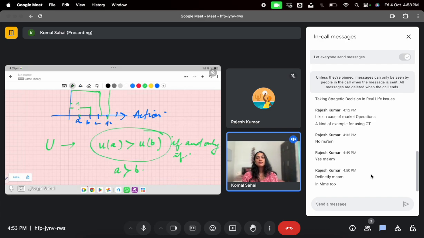Alright, if and only if means that the direction is both ways. If this is true, then this is true, and if this is true, then this is true.